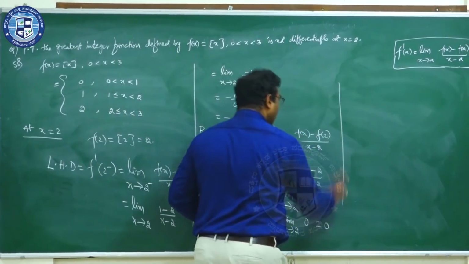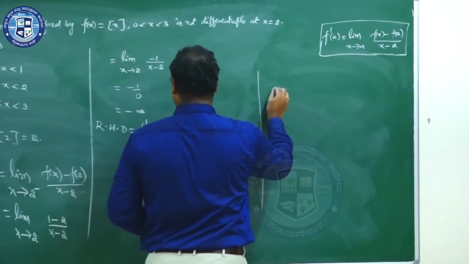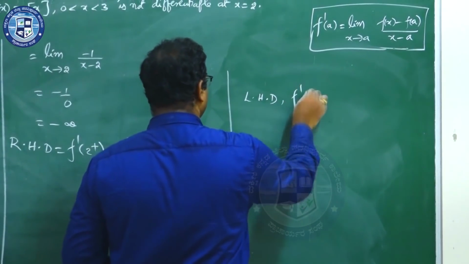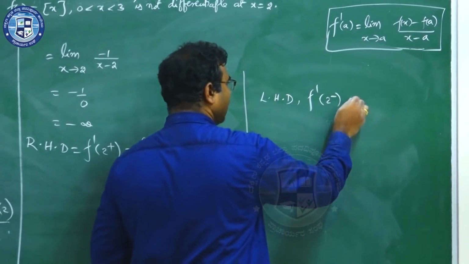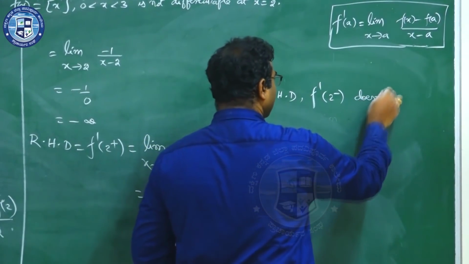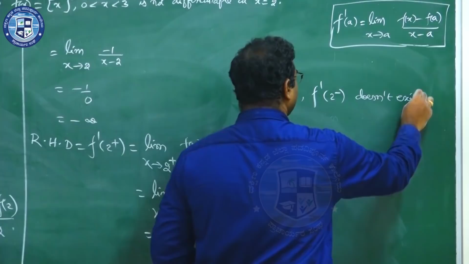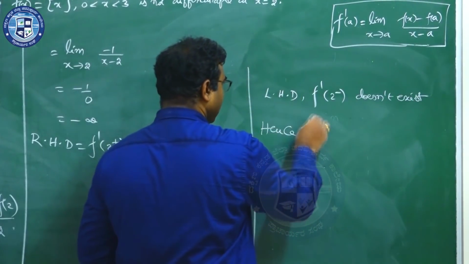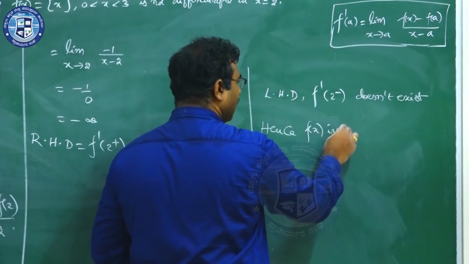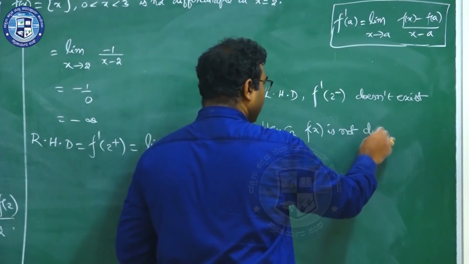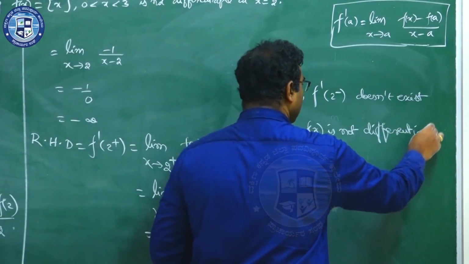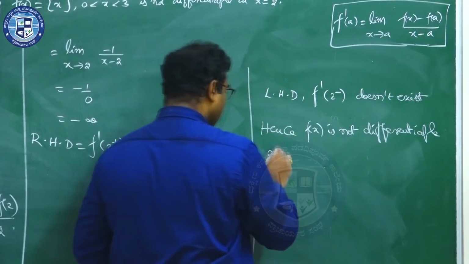We'll mention here left hand derivative f dash of 2 minus does not exist. Okay. Hence f(x) is not differentiable at x equal to 2.